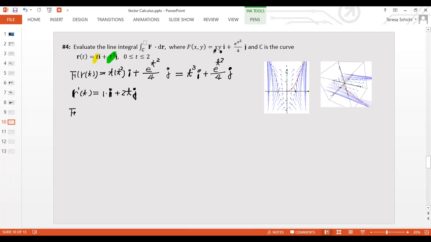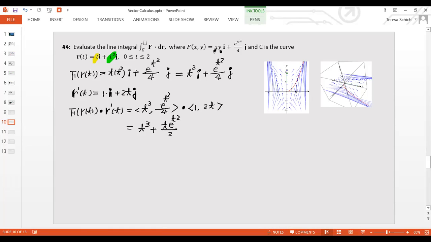Now we said the line integral over the vector field will be F(r(t)) dot product r'(t), both of them vectors. Let's put it this way, maybe it's easier to see the dot product: t cubed and 4e^(t squared), dotted with 1 and 2t. You just multiply each component. So we get t cubed plus 2t times 4e^(t squared), and 2 and 4 combine to give 8te^(t squared).